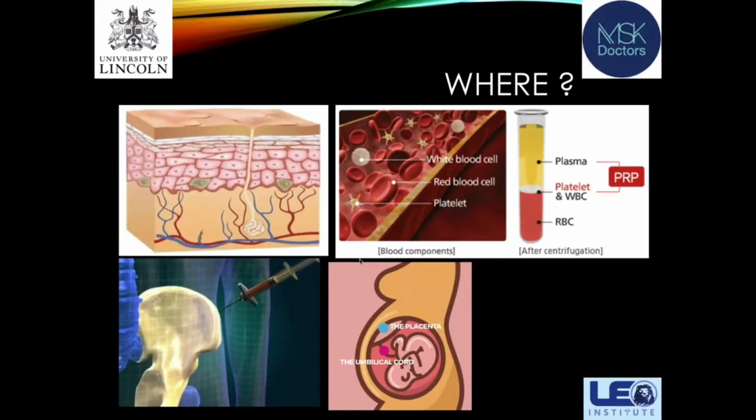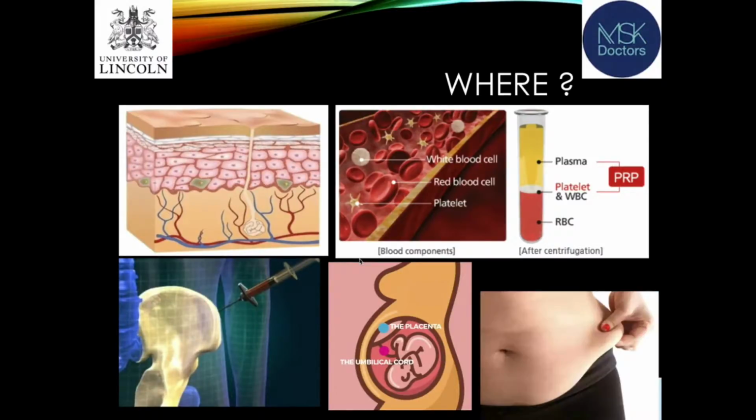And let's not forget, we can also get cells from fat. So of course, there are so many different ways we can get cells. Where is the best way to get them, and which cells will perform better? So here, let's explore the stem cell pathway of which stem cell will turn into what organ or what tissues.